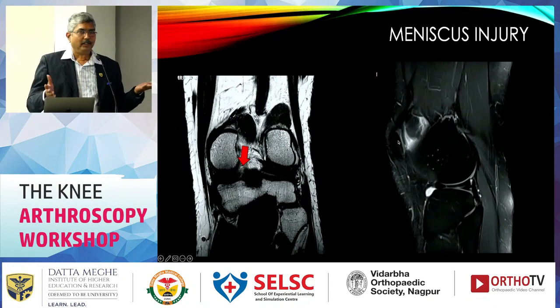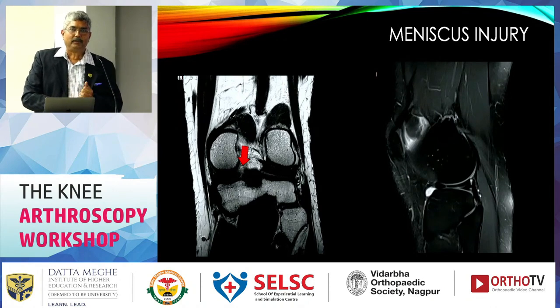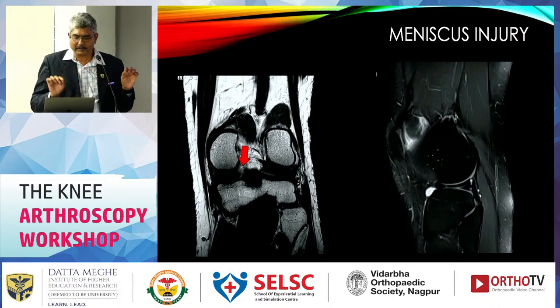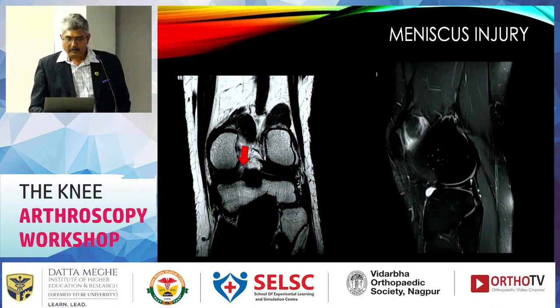A meniscal injury, you people are more well versed with. I will only talk about interstitial tears. Suppose horizontal tears are there, and let's see what vertical tears are. Here is the posterior root tear, as one can see here, the vertical hyperintensity or brightness seen at the posterior attachment of the medial meniscus.